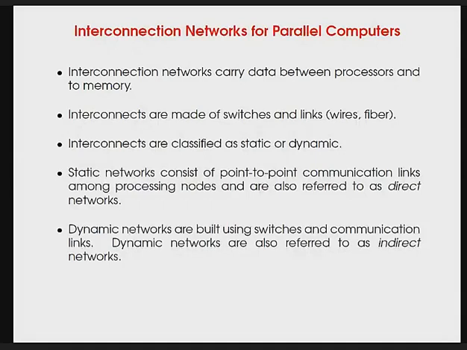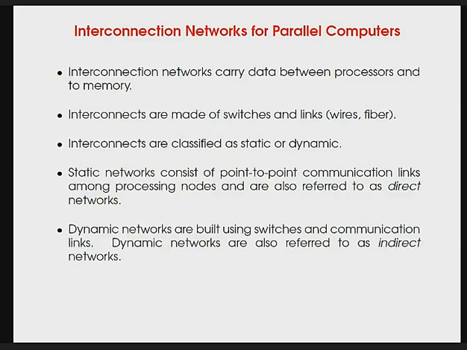Now, for the communication purpose and for the routing purpose, it may happen that suppose there are five processing nodes in a static network, and processor 1 wants to communicate with processor 5. There may not be a direct link. It may be connected via processor 3 or processor 4.